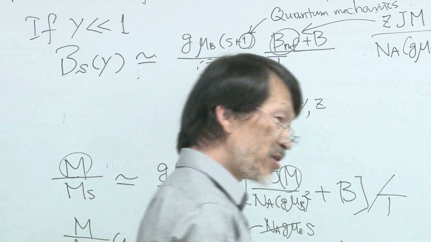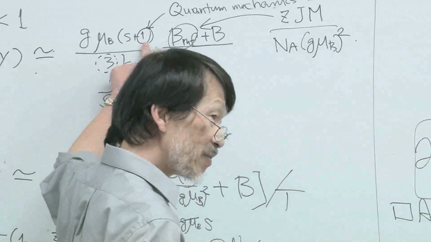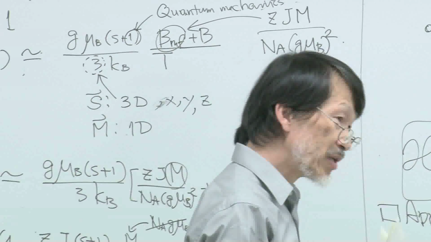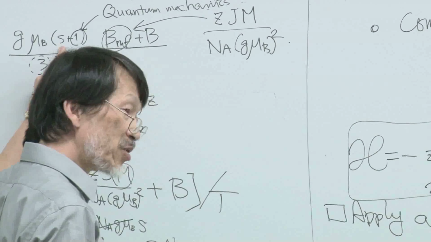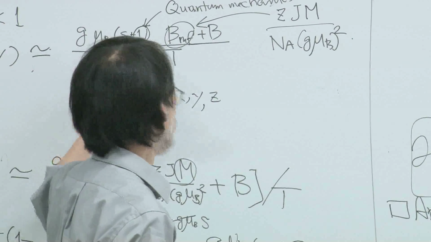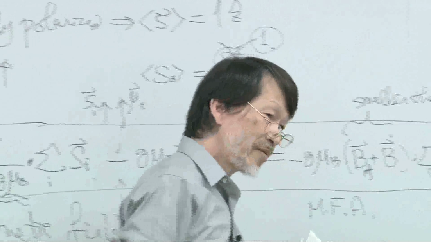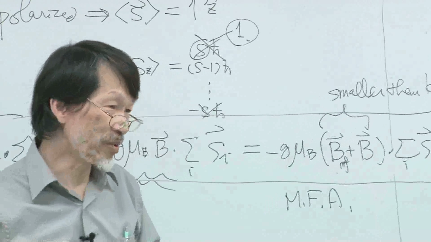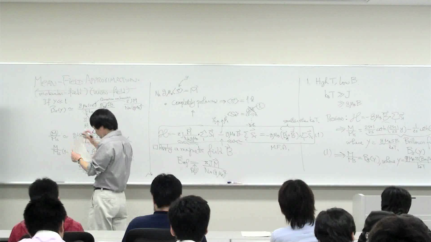The fact that the spin is a quantum mechanical object, that's why you get this extra 1 in addition to S, which is the same as when S is very, very large, when S approaches the limit of infinity, then the difference between S and S plus 1 is negligible, right? So that suggests this is a quantum mechanical effect.